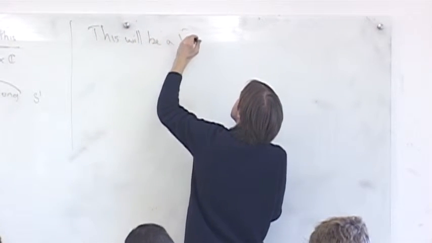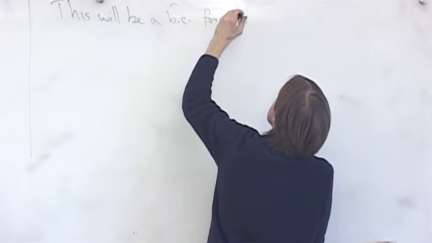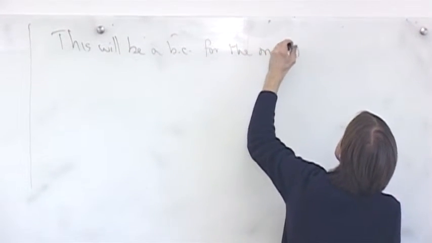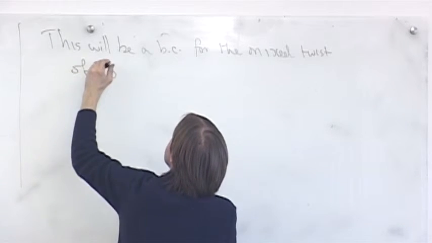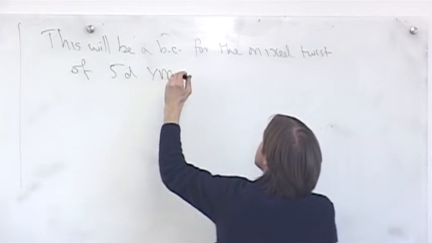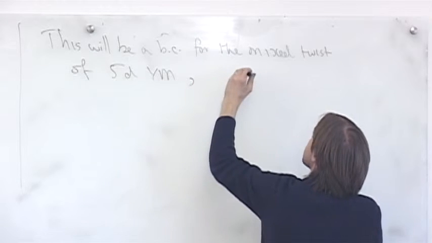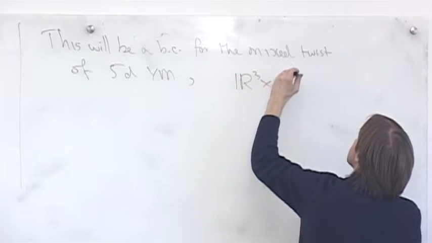A boundary condition for the mixed twist of 5D Yang-Mills, which is on R3 cross C1/1 to BG.